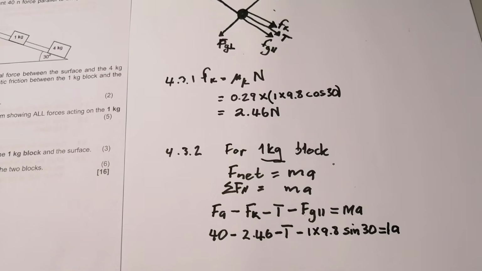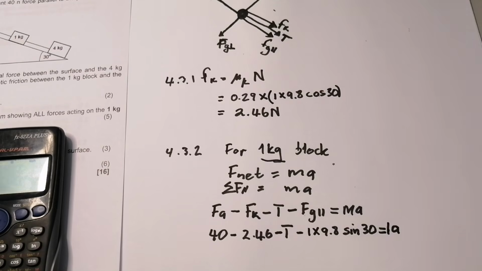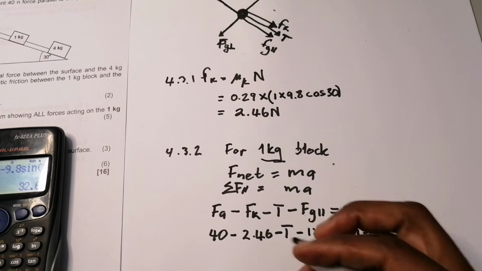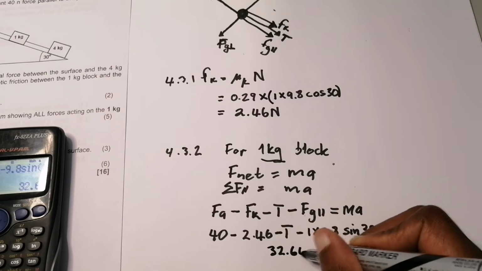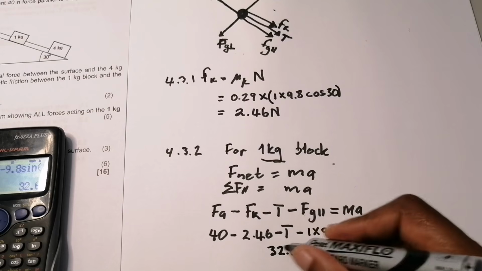Okay, let's try and simplify that whole thing. I've got 40 minus 2.46 minus 9.8 sine of 30, which is 4.9. Okay, so that gives us a value of 32.64. So all of these give me 32.64.